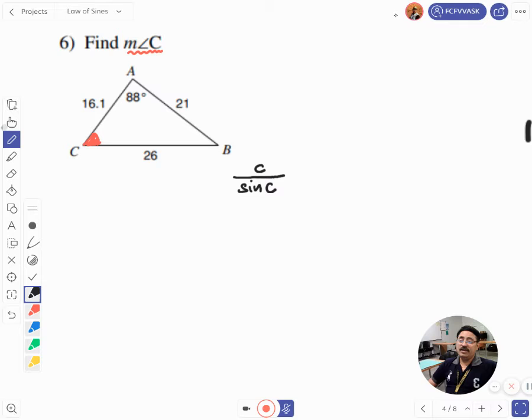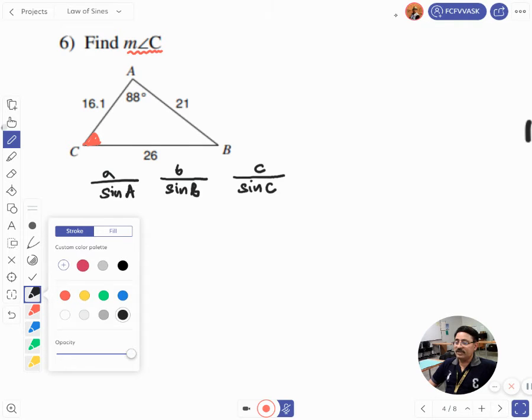Which one shall I take, B? Here the angle is missing. Shall I take A? Angle and side both are given, right? Therefore, I have to go for A over sine A. Please remember, I'm not taking B. This is knocked off.